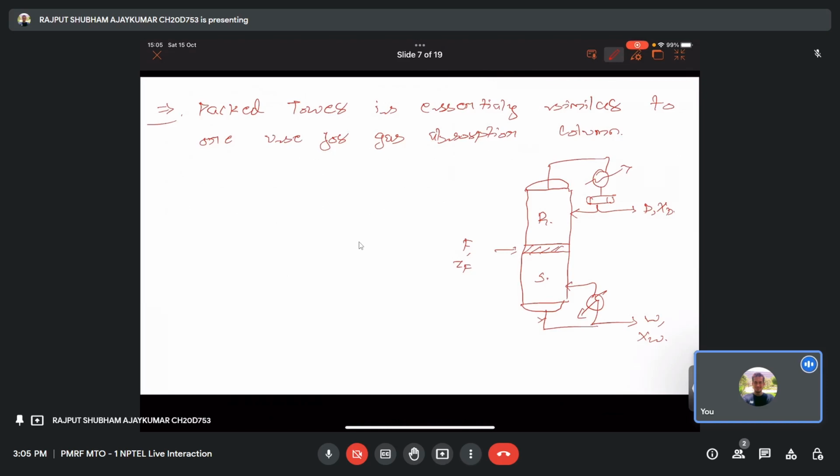So there are two methods for determining the height of the packing in a packed distillation column. We'll just write it right now. Two methods for the determination of the height of packing.